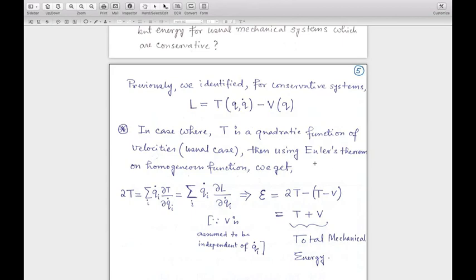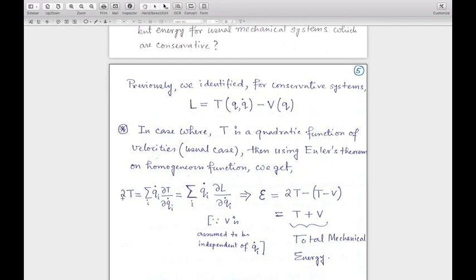But Euler's theorem on homogeneous functions of degree n simply says that if you have a homogeneous function f of, let's say, x of order n, then ∂f/∂x times x will simply be equal to n times f. And that's exactly what we have used here.